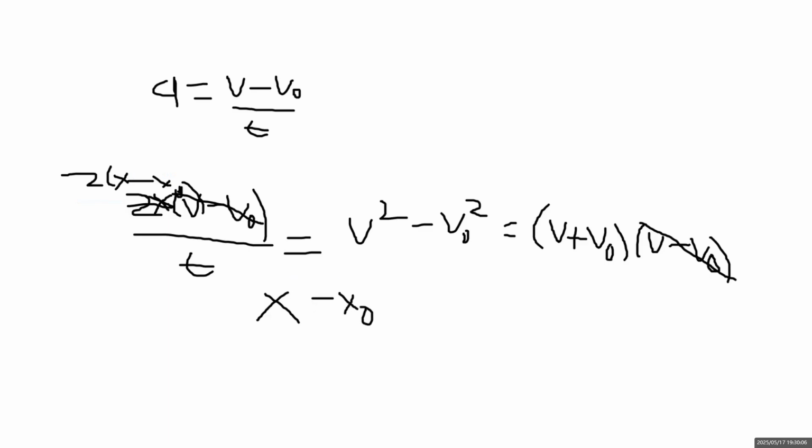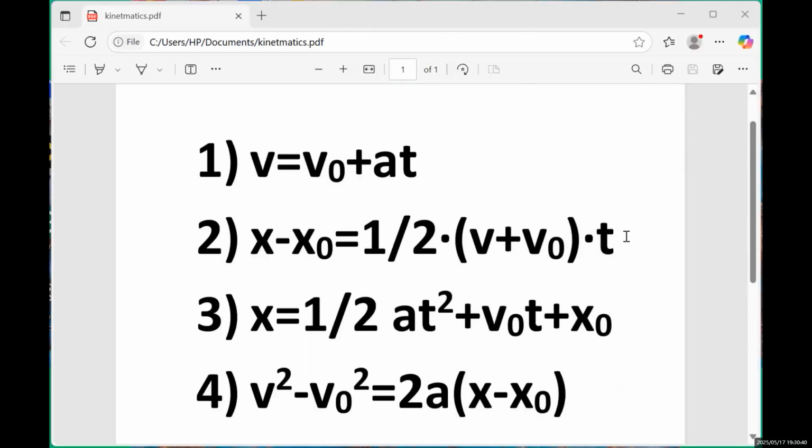We're going to multiply both sides by t over 2 times v plus v naught. And with that step, we have equation 2. That's how you derive the equations of kinematics for one dimension at constant acceleration.